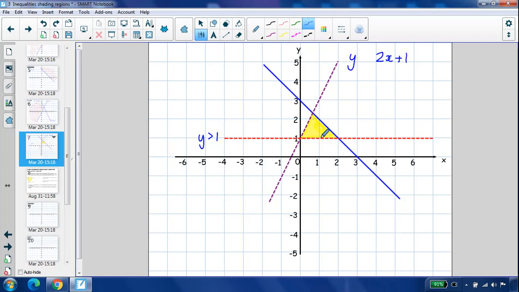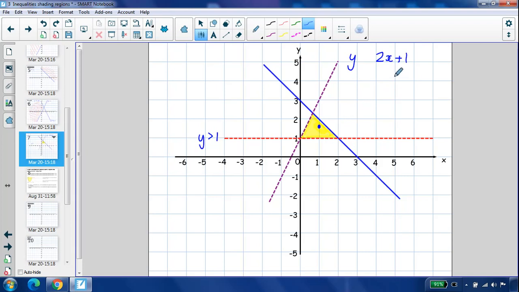So I might pick a point. I might pick a point of 1 and 1.5 here. I don't want to choose any points on the lines because for these dotted lines, the points aren't included on the lines. And if I chose the point on this line, well, it could either be this side or this side.